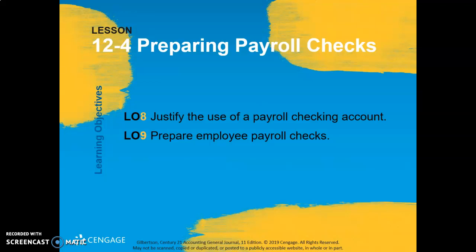And then there was Social Security tax and Medicare tax, and we calculated those by taking total earnings times 0.062 for Social Security and 0.0145 for Medicare.